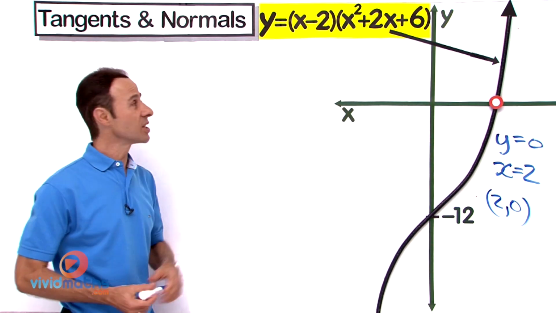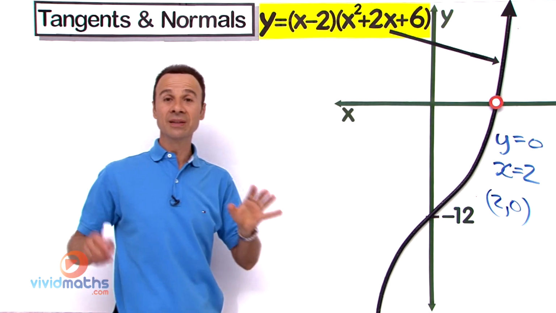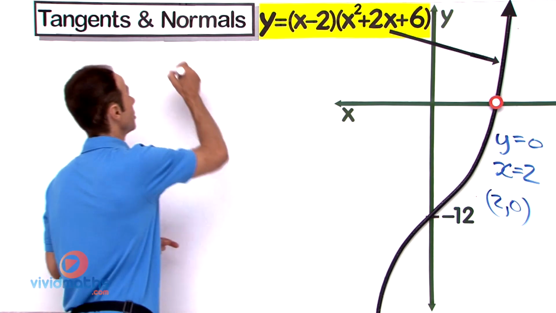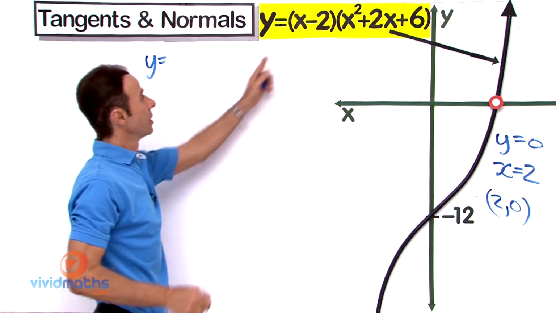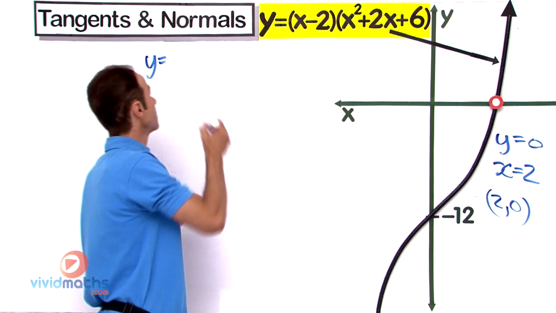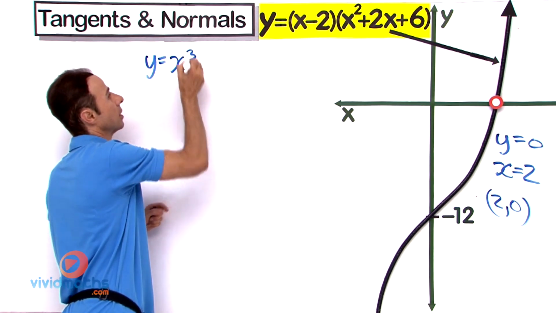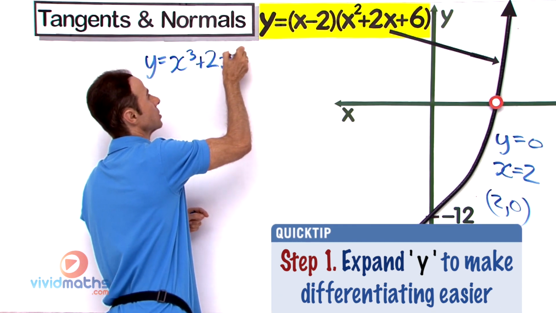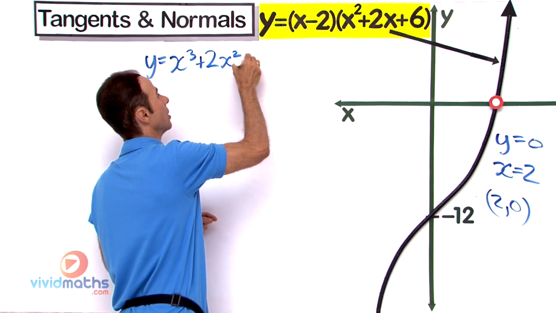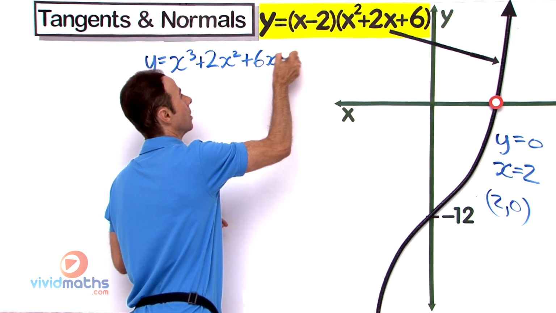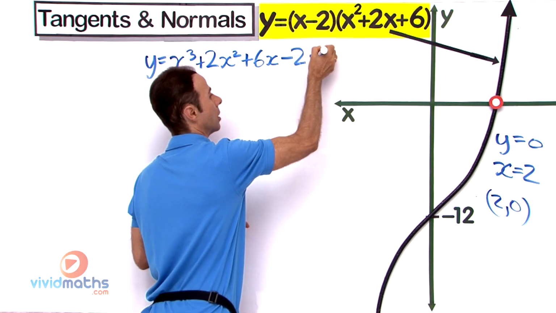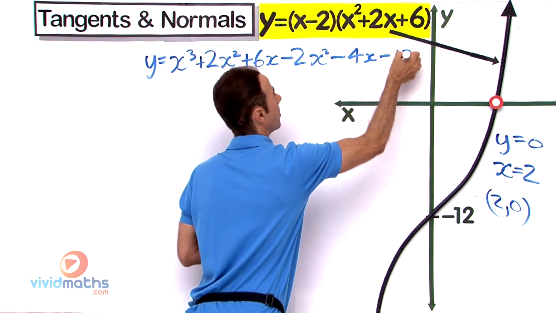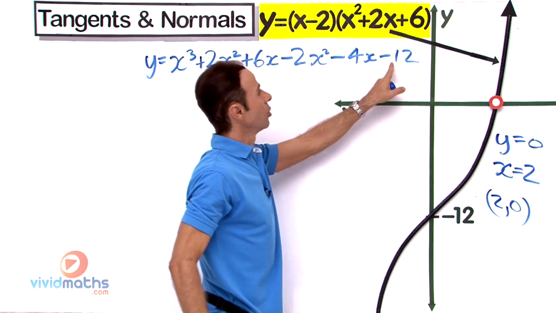So now let's expand this, as I mentioned earlier, so we can put it in differentiation-friendly format. So let's multiply out. So y equals x times x squared is x cubed. X times 2x squared. And then we just continue. Minus 12. 2 times 6, 12, negative.